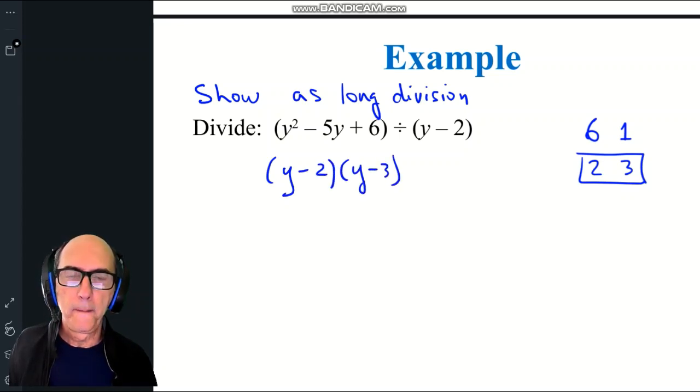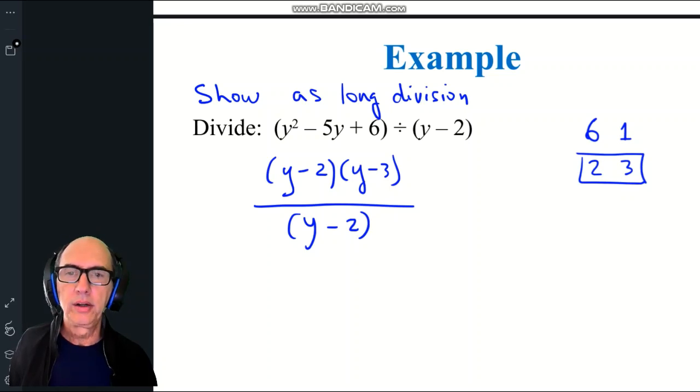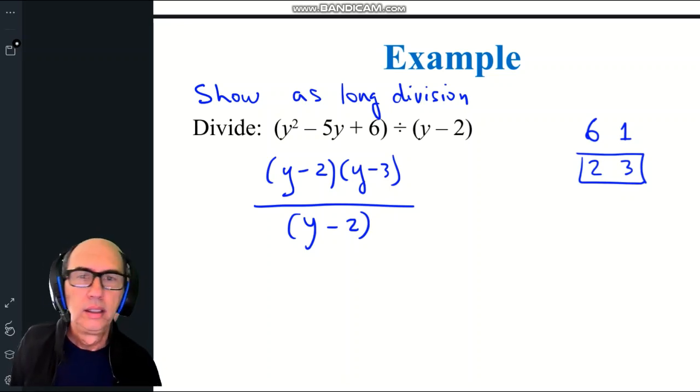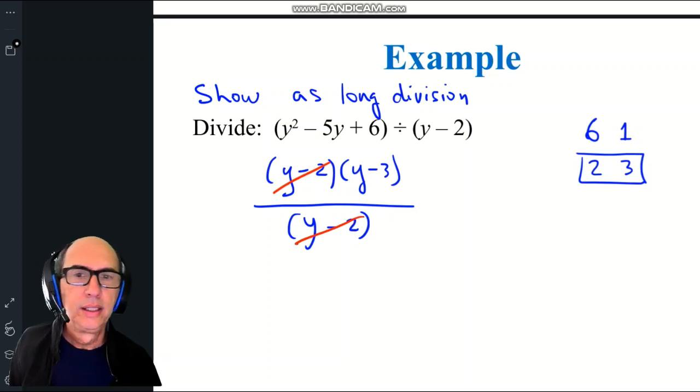Negative 2 plus negative 3, negative 5. Negative 2 times negative 3, positive 6. Okay, we can represent division as a fraction. The divisor is the denominator. And look, cancel, cancel. The answer will be y minus 3.